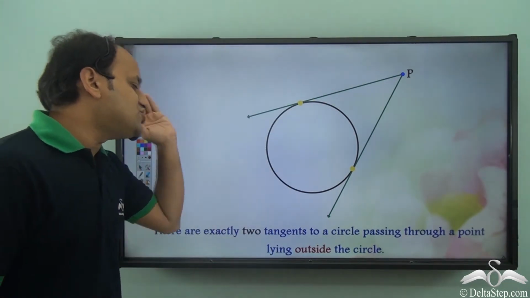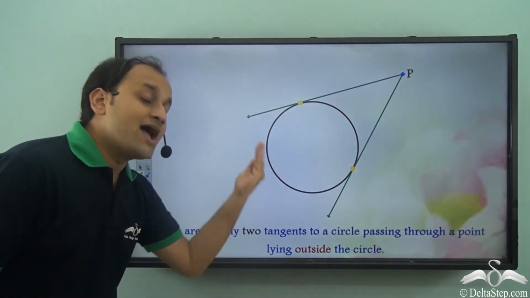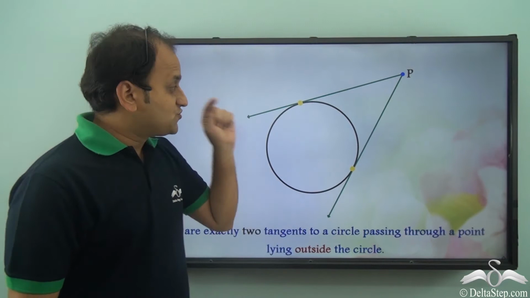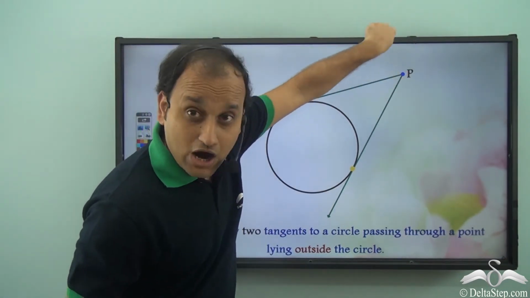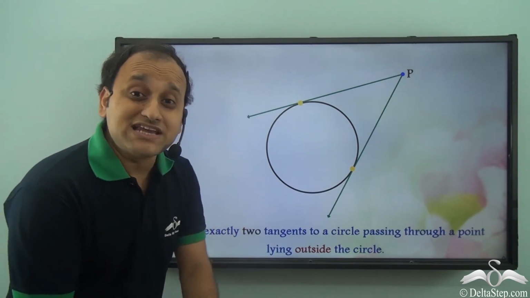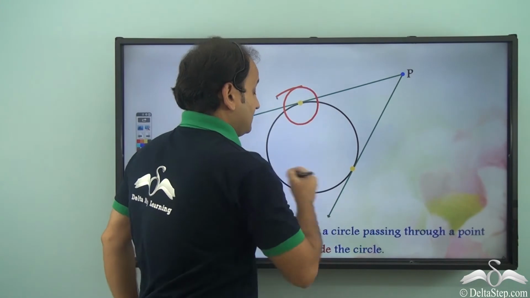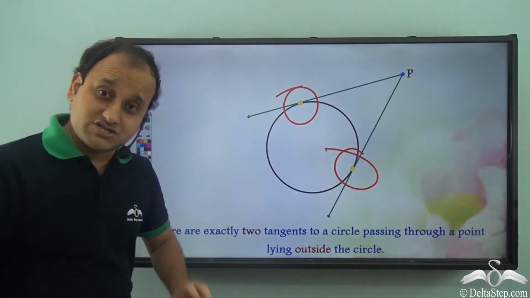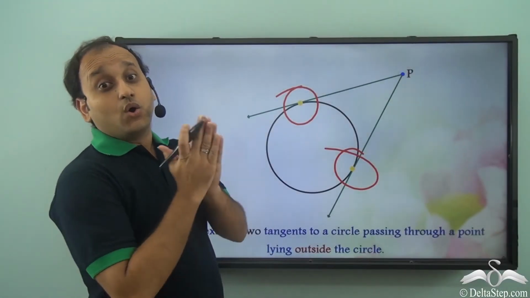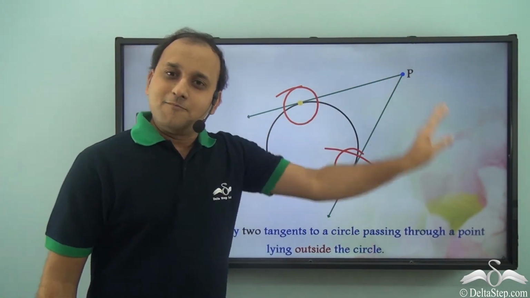There are exactly two tangents to a circle passing through a point lying outside the circle. So whenever a point is outside the circle, then there will be exactly two tangents. Two tangents will touch the circle, and there can be only two tangents which can pass through this external point.